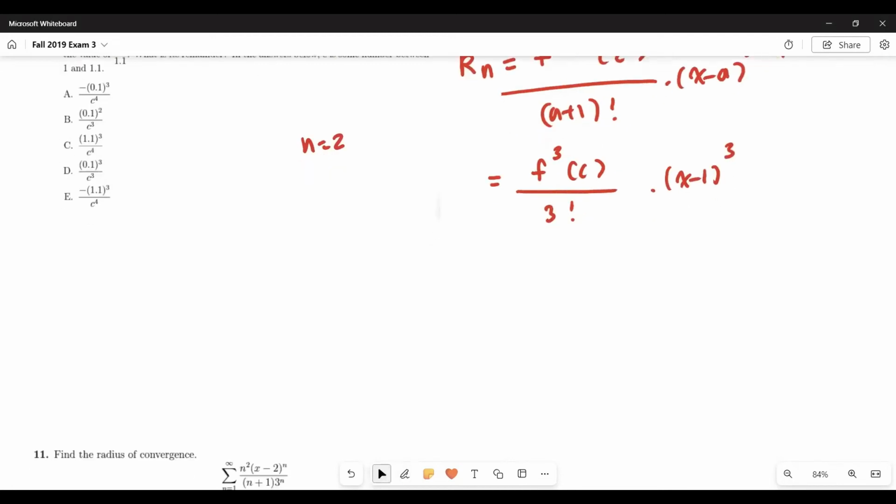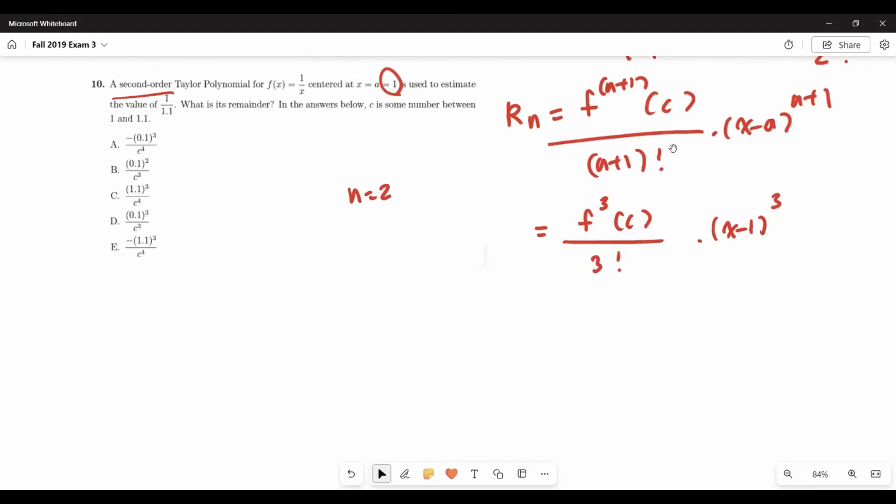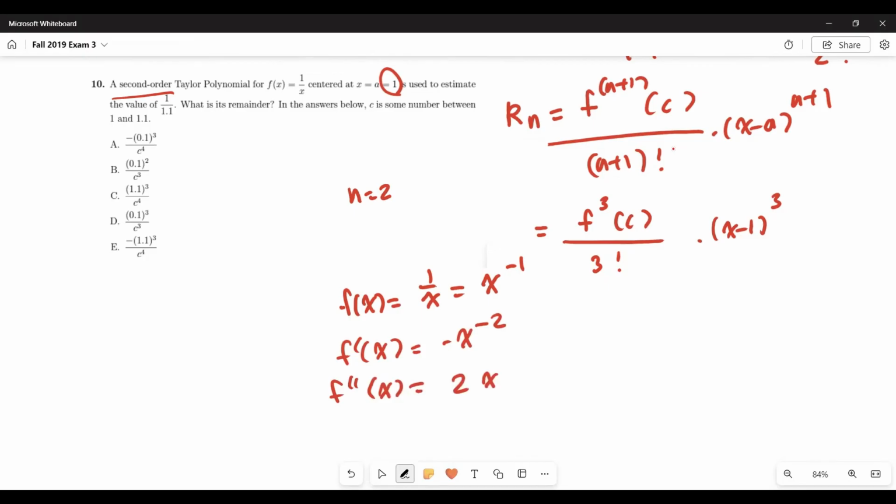Okay, we have almost everything. So f(x) is 1/x, which can be written as x^(-1). The derivative of that is -x^(-2). The second derivative of that will be 2x^(-3).